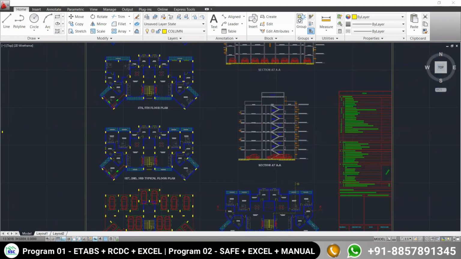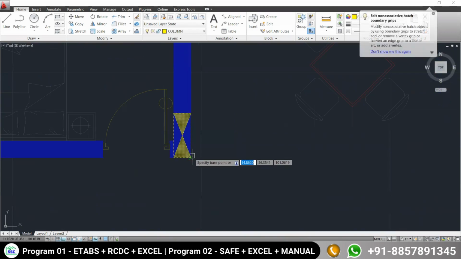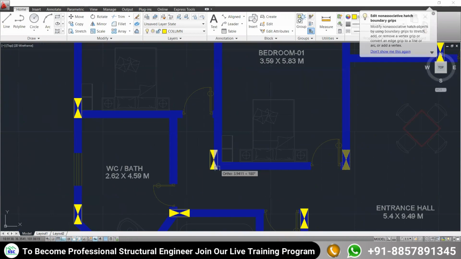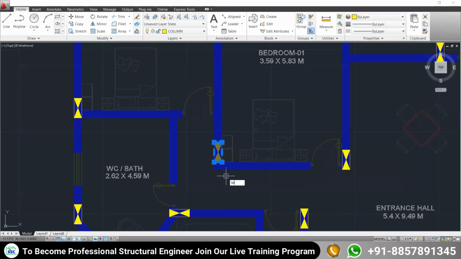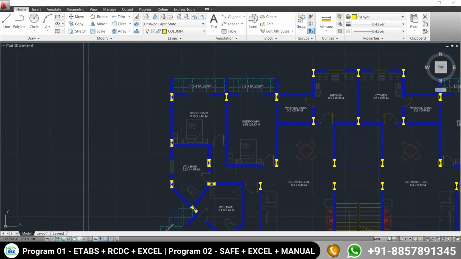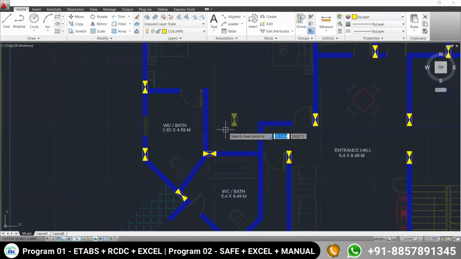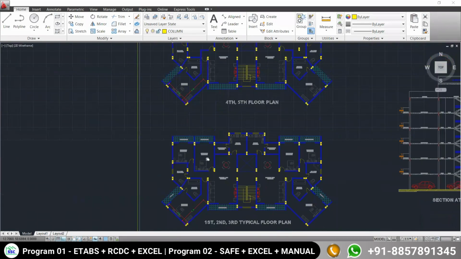So we are going to follow another arrangement. The column which we earlier placed here, we are going to shift from here to here. Now what will happen with this?